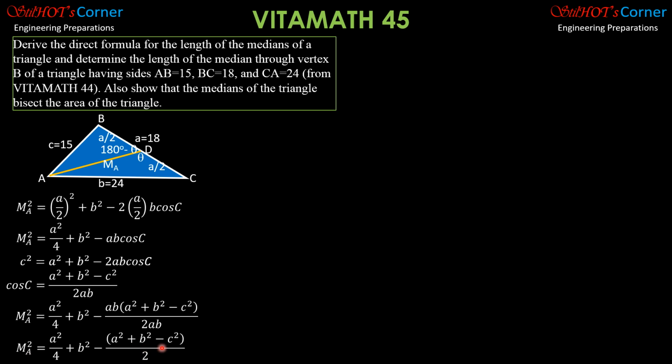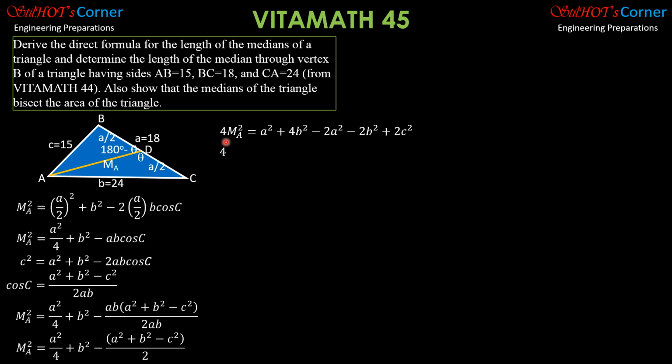Multiply both sides of this equation, or multiply everything here, by 4. So 4MA square equals A square plus 4B square minus 2 times quantity A square plus B square minus C square. So minus 2A square minus 2B square plus 2C square. Then combining like terms, 4B square minus 2B square is 2B square, then plus 2C square, and A square minus 2A square is negative A square.